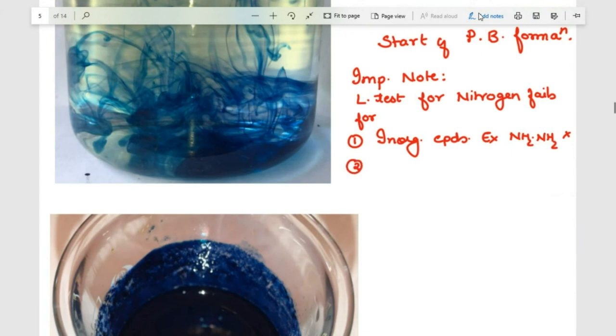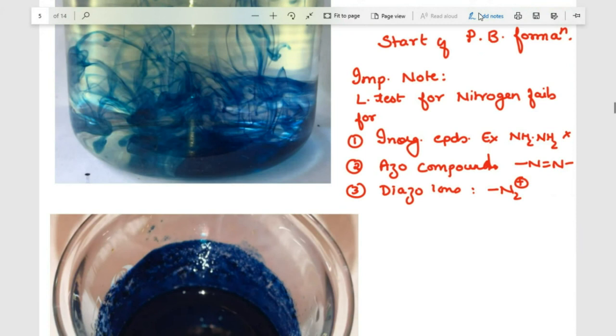Second, it fails for azo or diazo ions, azo compounds. Azo compounds means an N=N linkage. Diazonium ions means an N2+ linkage.